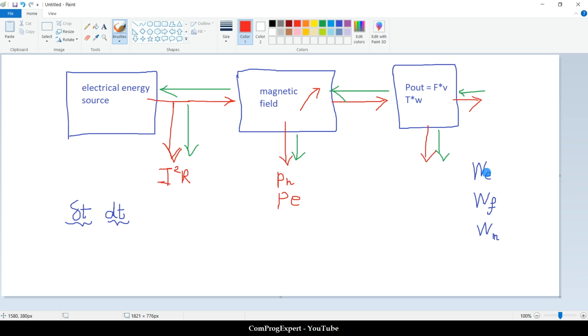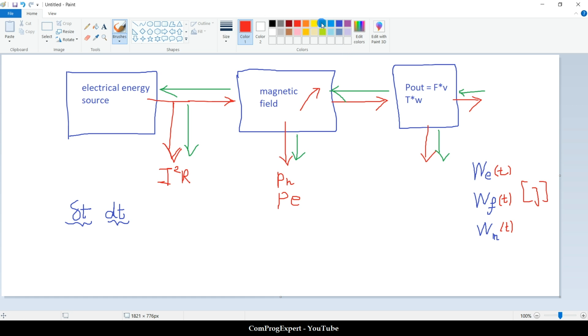You know the unit of the energy is joule. So for an instance of time, we can have this as a function of time: Wf as a function of time, mechanical as a function of time.